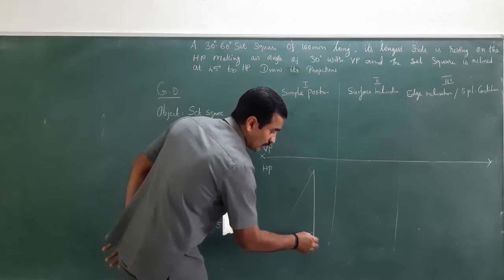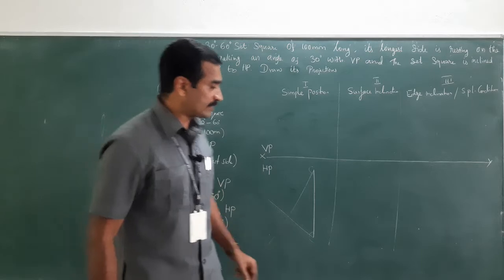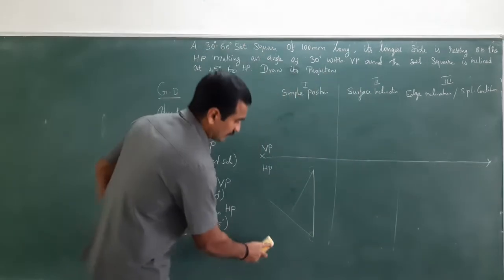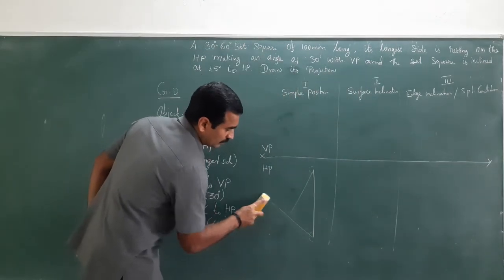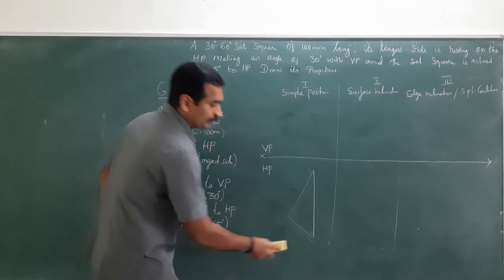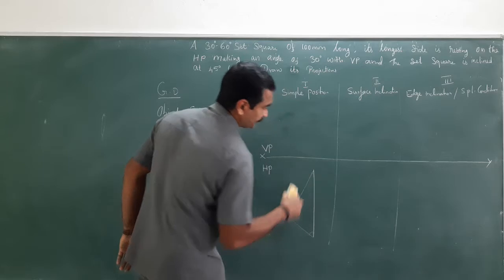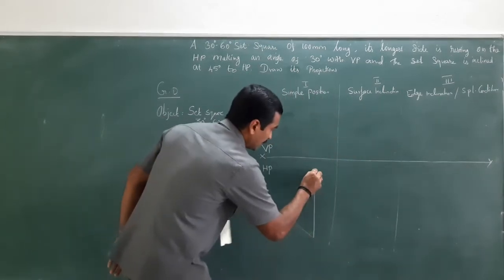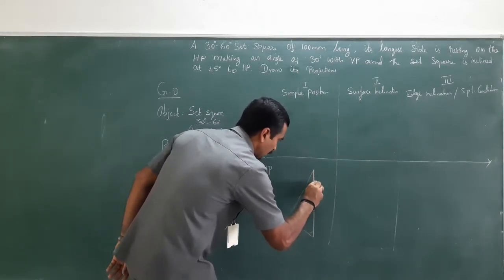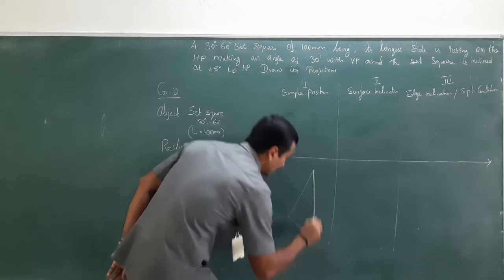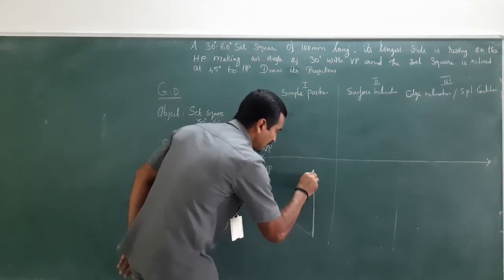So, now, draw a line, this intersection point where you get the true shape of the set square 30-60. Now draw the object line, dark line by using the H pencil.